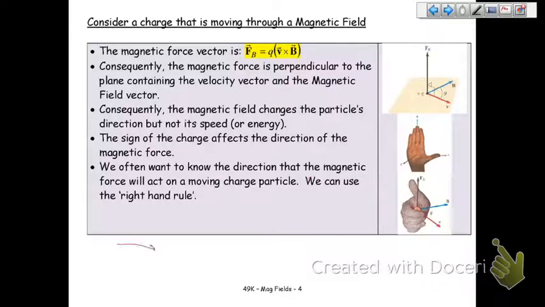Let's just take a uniform magnetic field. So there's my B. And imagine I put a positive charge in there. So, let's imagine it's this room. The magnetic field is going downwards.